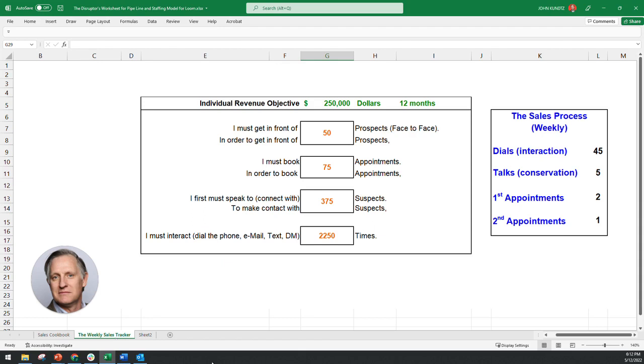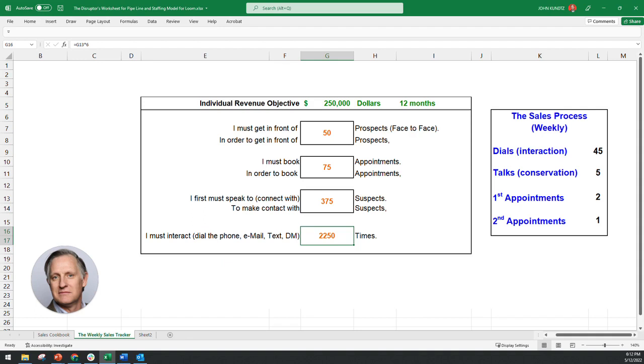suspects. Again, I just do some simple math here: it takes me about 1 out of 5 suspects. And to make contact with 375 suspects, I must interact. What I mean by interact is the old-fashioned way of dialing the phone. It might be through email, texting, direct messaging.